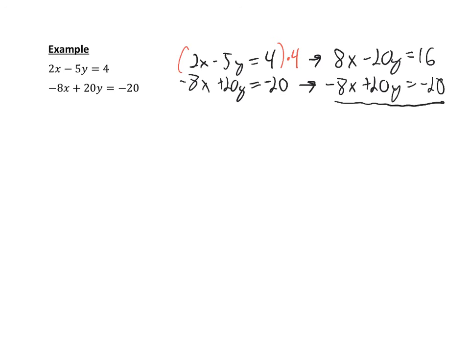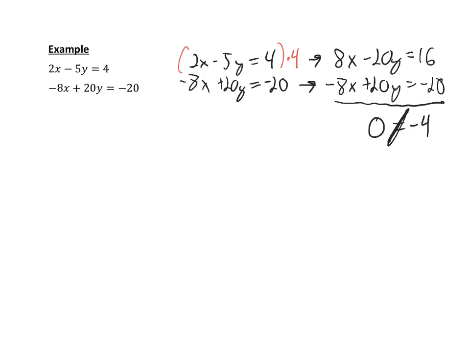If we combine those lines, well, negative 8x would cancel the 8x, but negative 20y and positive 20y, those would also cancel. And what you would get is a 0 on the left side. Everything would be canceled. 16 and negative 20 makes negative 4. Well, this is actually a unique situation. 0 does not equal negative 4.